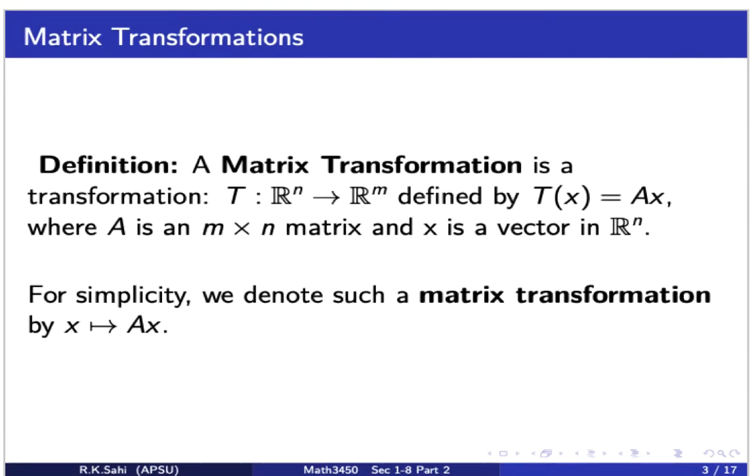Okay, so let's begin with the matrix transformation. A matrix transformation is a transformation from an n-dimensional space to an m-dimensional space defined by Tx equals Ax, where A is an m by n matrix and x is a vector in Rn.